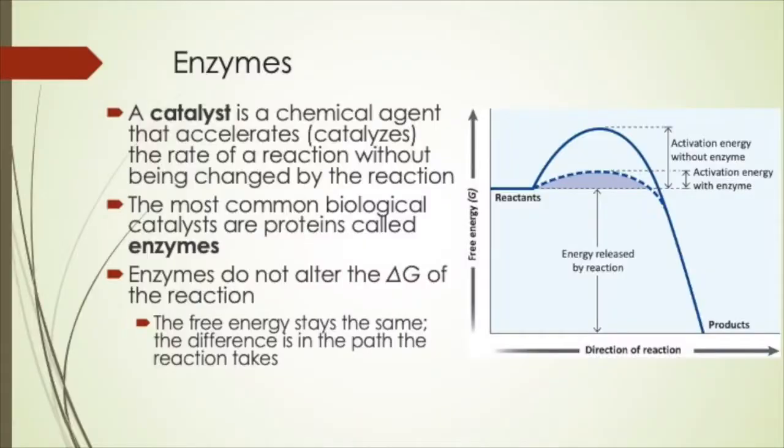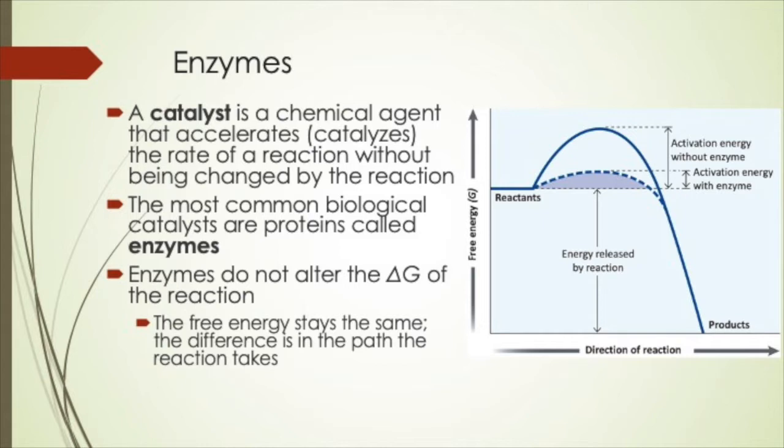So this complex type of reaction makes it spontaneous, although it does add an extra step. That's what energy coupling does. That's how it makes it spontaneous, even though it does kind of add an extra step. Another way to get through these reactions is by using enzymes.